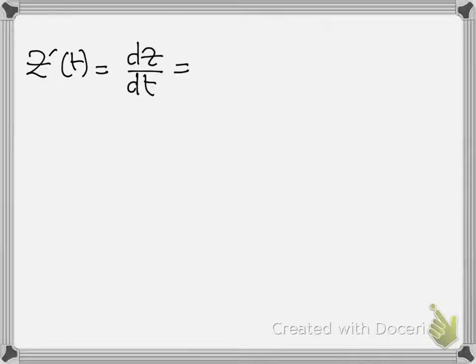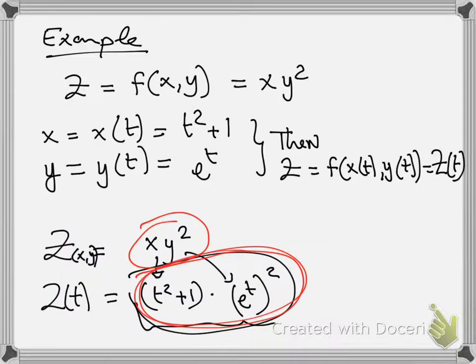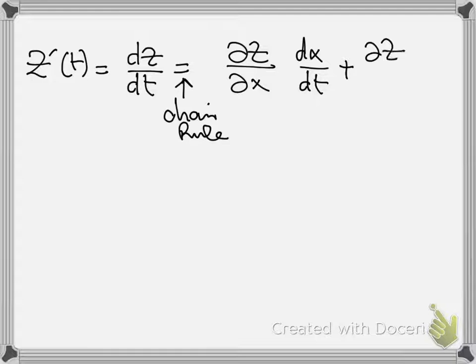So if you use the chain rule, that will be equal to, by the chain rule, first partial z partial x times dx dt. So let me just write down the formula: partial z partial x dx dt plus partial z partial y dy dt.